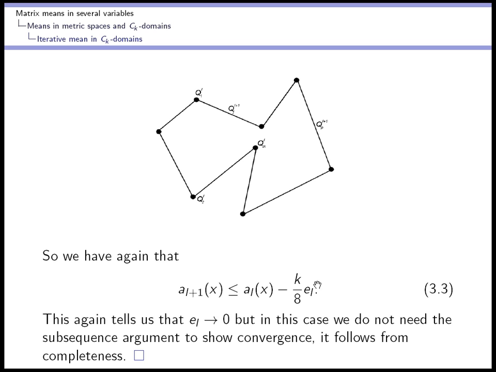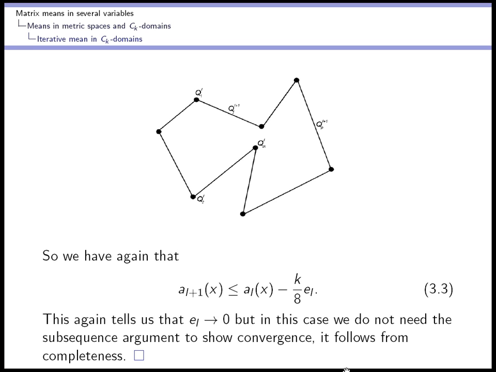But this again says that these E_l should converge to 0, which means that our points, because E_l is nothing but the sum of squared distances taken over the edges here, are approaching one another. But this is not enough for the convergence, of course. The convergence follows by bounding the diameter of this set. And actually it can be bounded by E_l. And therefore every point is convergent.